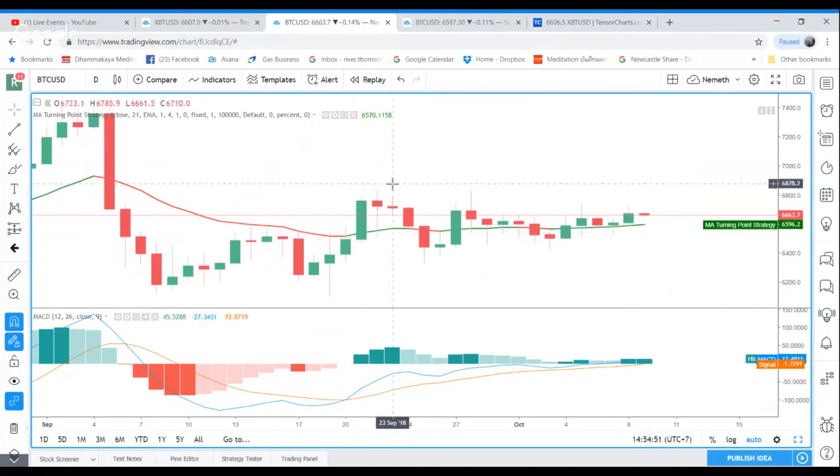But we've been above it and below. Above it and below. Above, below. We just haven't been able to really stay above it. Currently at 6596, which is pretty close by to where we are now.